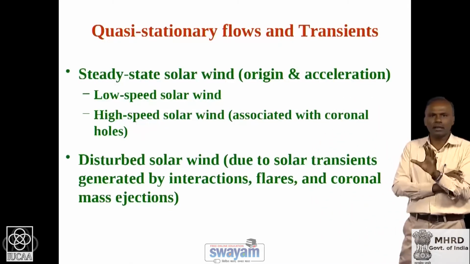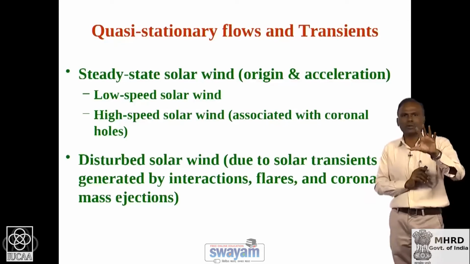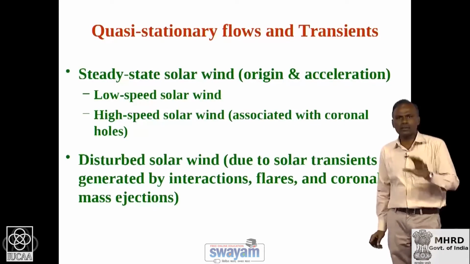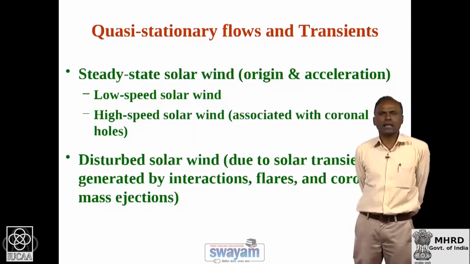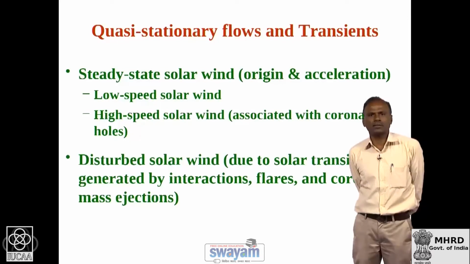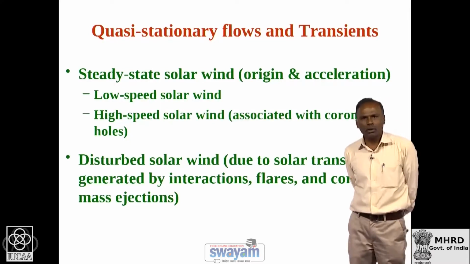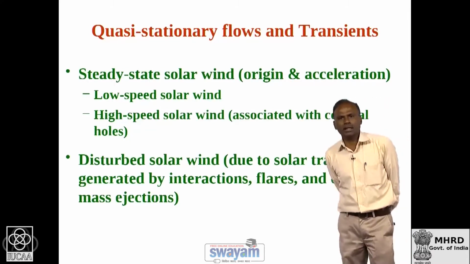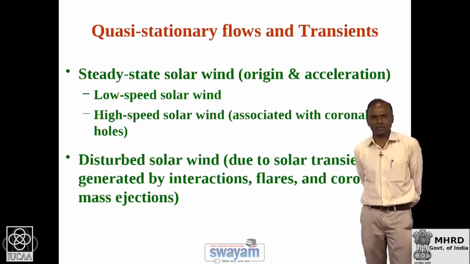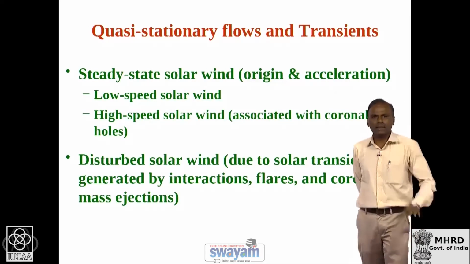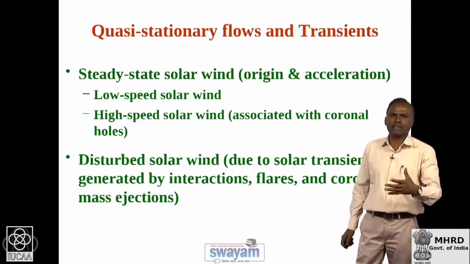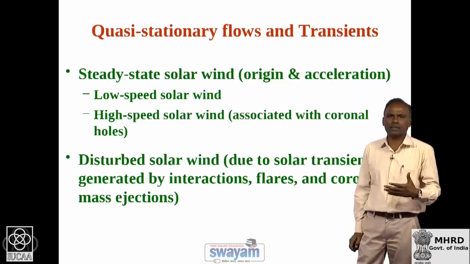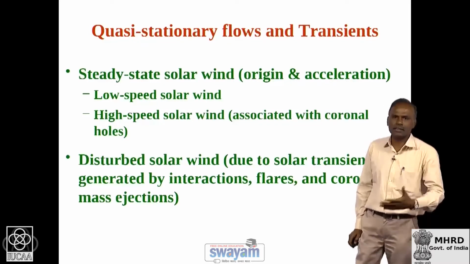Okay, so the solar wind properties can be divided into two groups: steady state solar wind, whose origin and acceleration are important, which involves low speed solar wind as well as high speed solar wind associated with coronal holes, and the disturbed solar wind I have been mentioning, the coronal mass ejection, solar flare and the interaction regions.